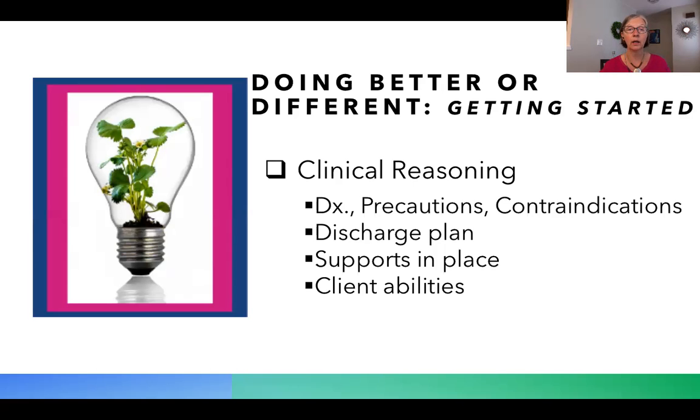Why are they on a skilled OT program? Are there any precautions that they have to adhere to? Are there any contraindications to certain types of movement or exercises? So, those are all things to take into consideration when we are creating a home program.